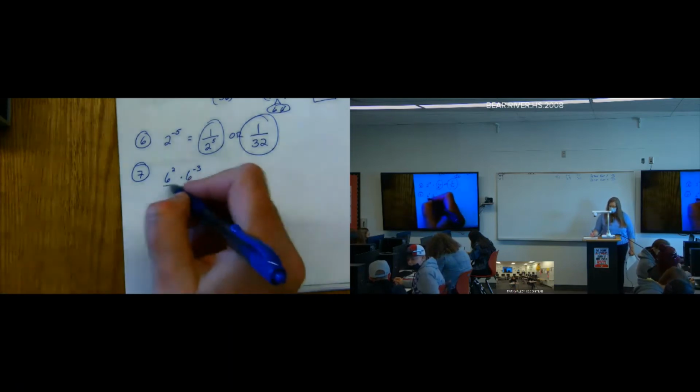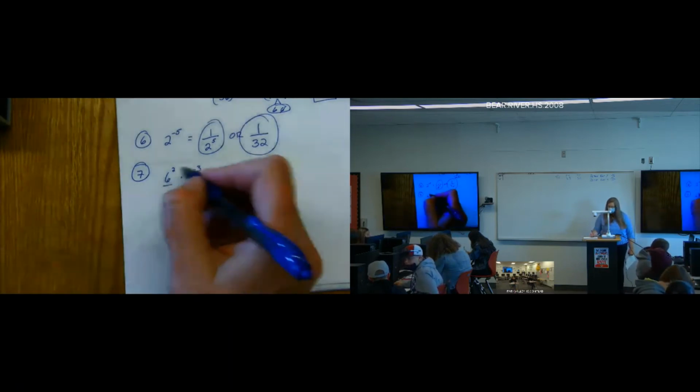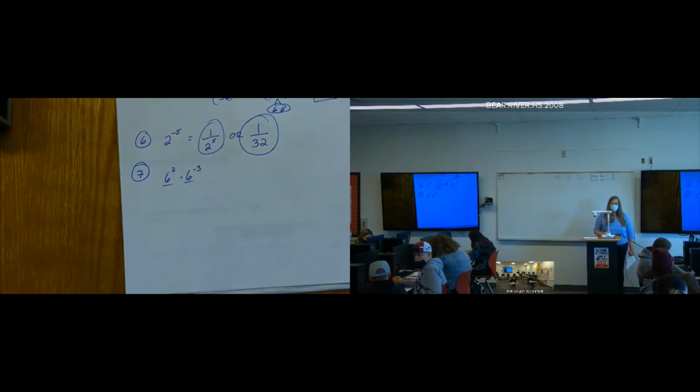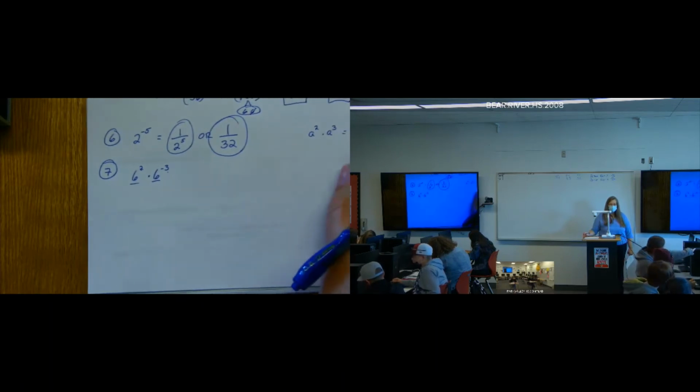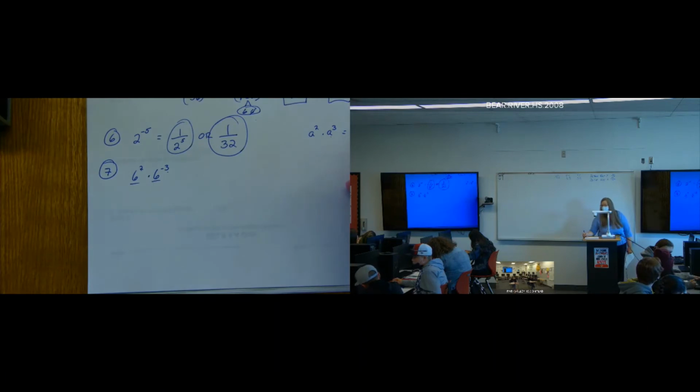Look, we have 2 6s here. So what do I do with these exponents? So if I have a squared times a to the 3rd, what do I get? A to the what power? 5th. So I'm adding them.